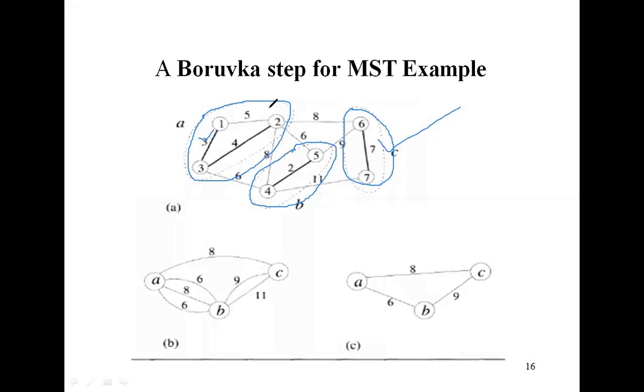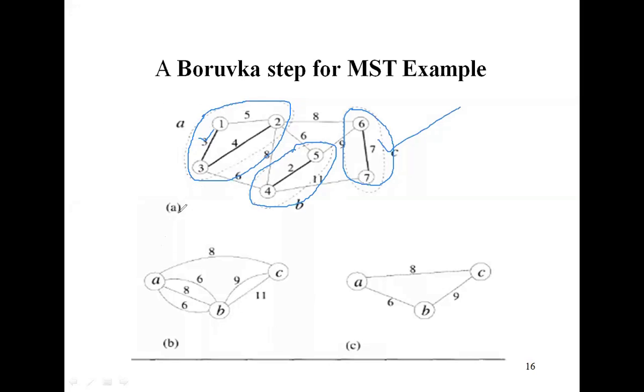Now check this one, from component A to component C, there is an edge with 8. So you can connect A and C with an edge with cost 8. In this way, we have constructed the figure B from the original graph A.